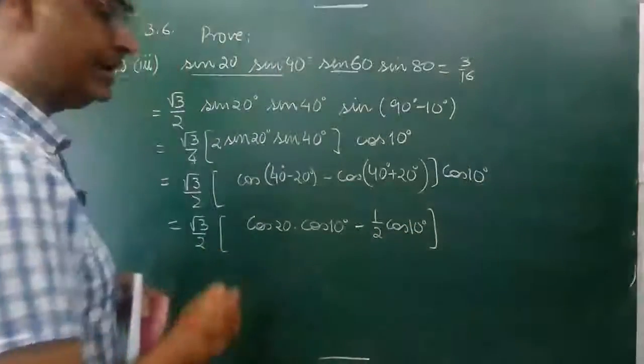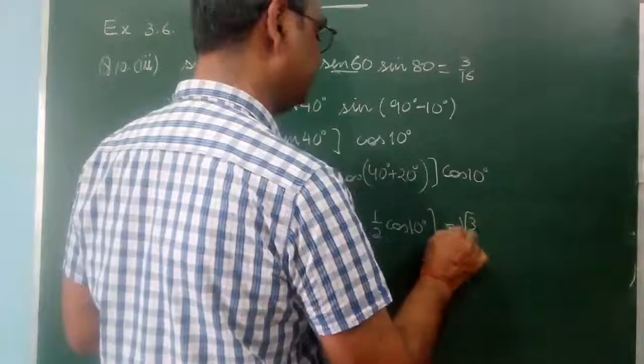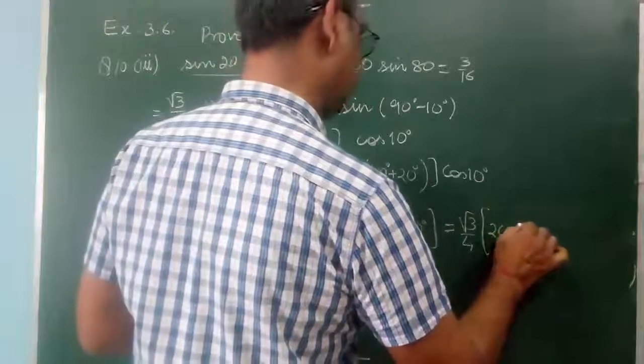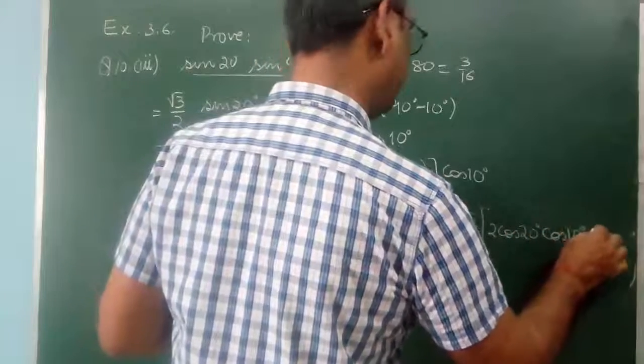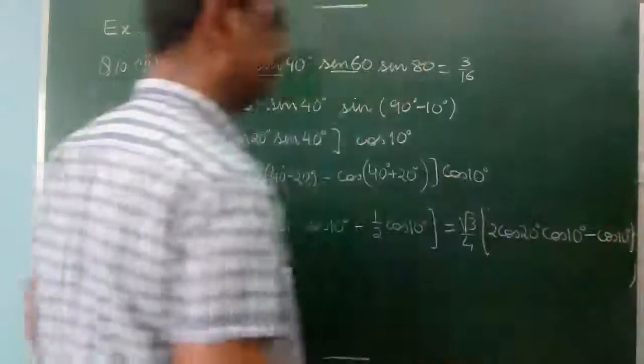This 1 by 2 I can take out, so it will be root 3 by 4, 2 cos 20 degree cos 10 degree minus cos 10 degree.